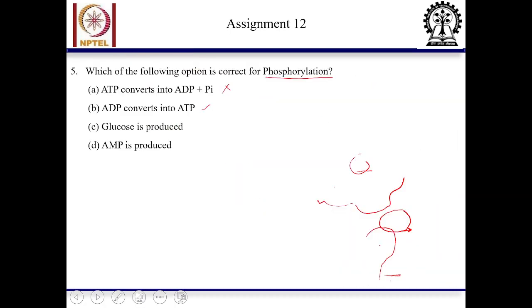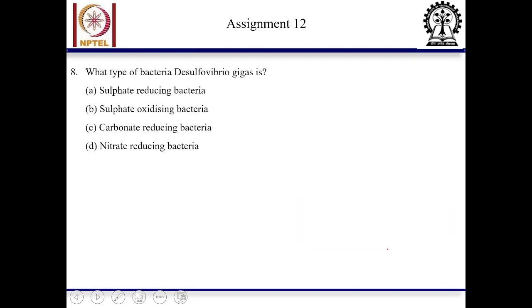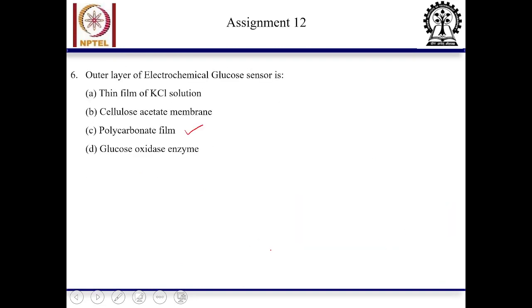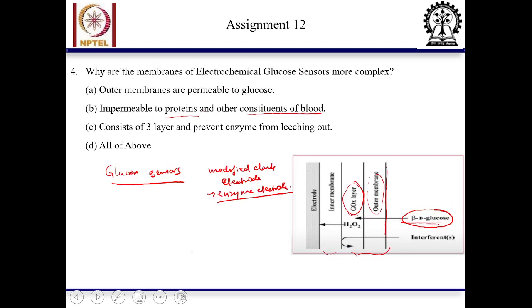And that thin film of the other option is what? Thin film of KCl solution. So that thin film of KCl solution basically will be the inner layer where your H2O2 is converting to oxygen, right? And it is where the electron transfer is basically happening. So there is only your KCl solution.